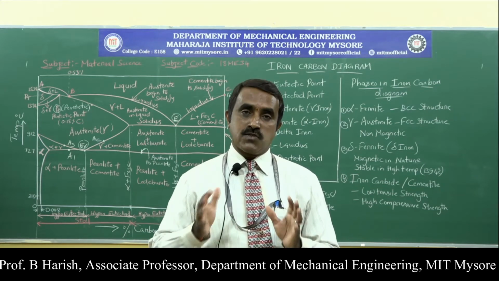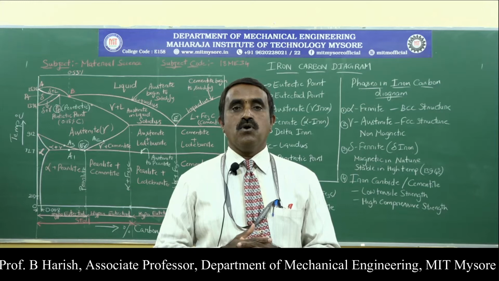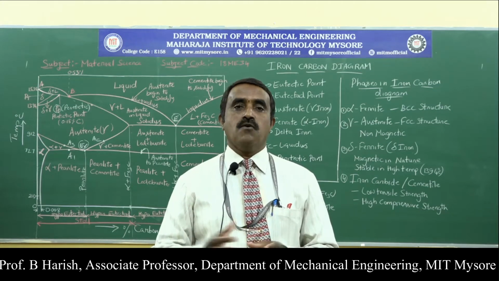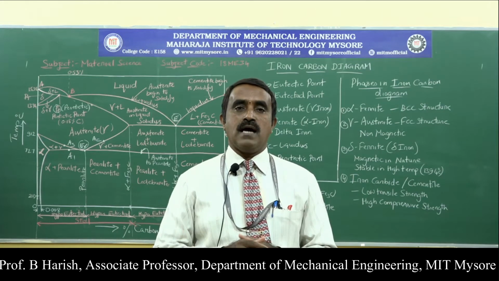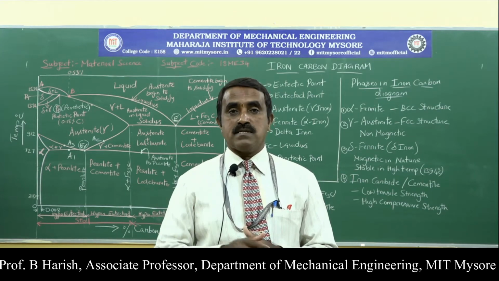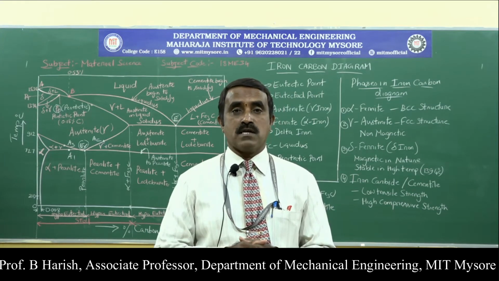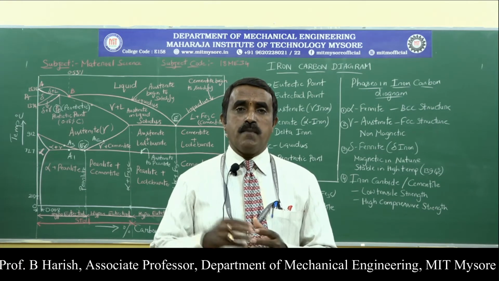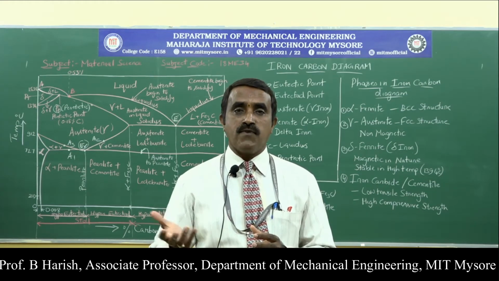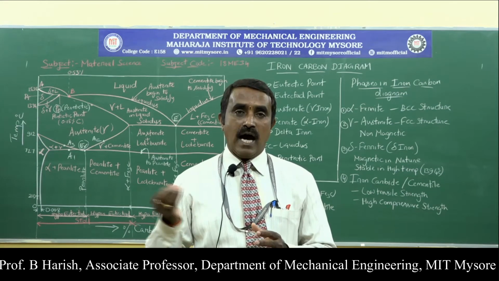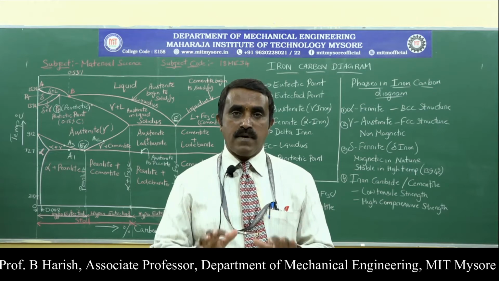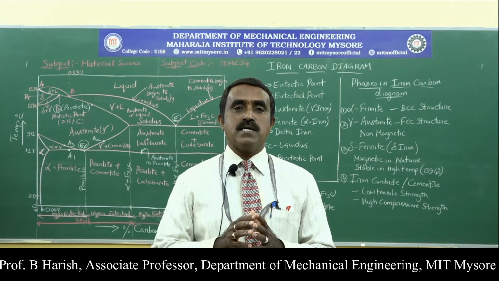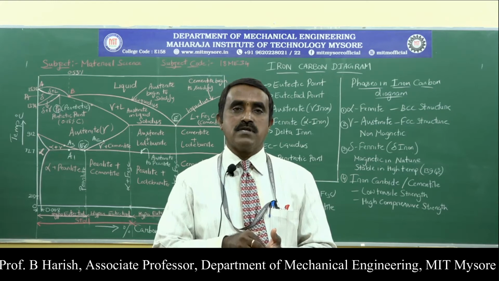Hence it is very important to know the changes that occur when carbon is added in different percentages with respect to temperature. Carbon is introduced into iron; it may be in solid, liquid, or gaseous form. Whatever the form, it has to be heated to a temperature and then introduced into iron.